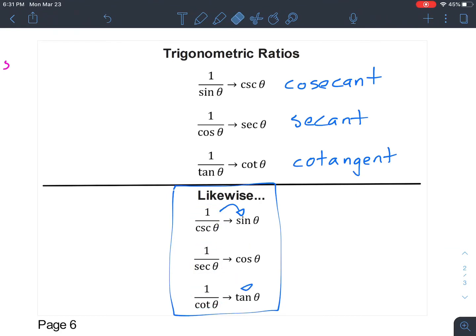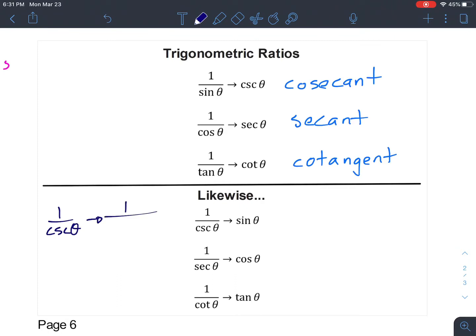And I'm not going to demonstrate with all three because it's very similar, but I will show with one of them. I'm just going to do cosecant. If we happen to have 1 over cosecant, then that's the same thing as 1 over 1 over sine.